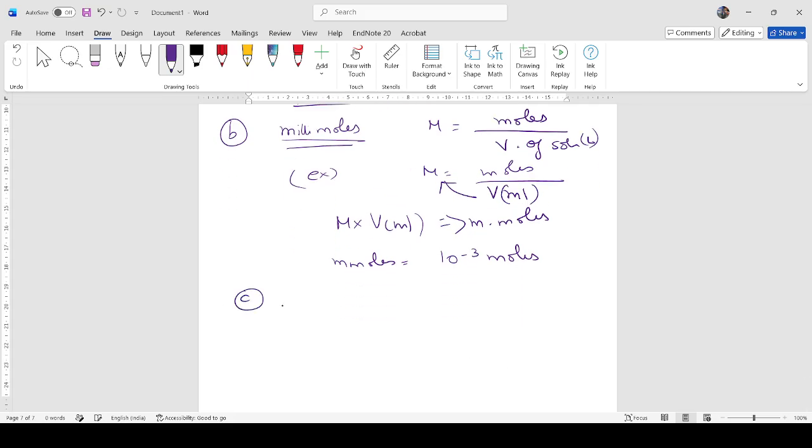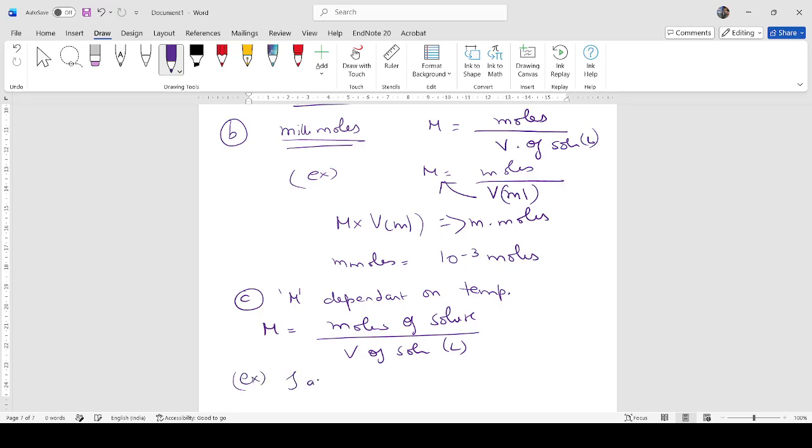The next thing that we have to remember is that molarity is dependent on temperature. Molarity is equal to moles of solute divided by volume of solution in liter. Consider I'm just warming the solution, not boiling the solution.